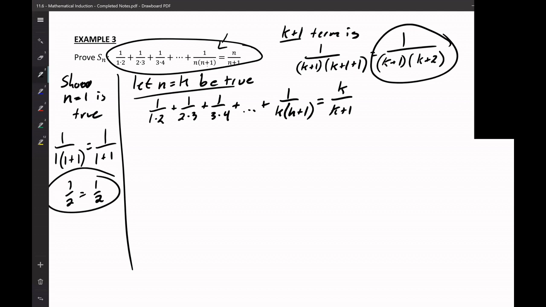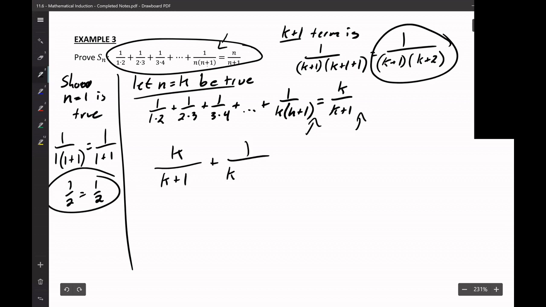Now, all I have to do is ask, what would happen if I add this term to this side here? It's the same as adding it to this side over here. So I just add it to both sides. And on this side, I end up with a single expression: k over k plus 1 plus 1 over k plus 1 times k plus 2.